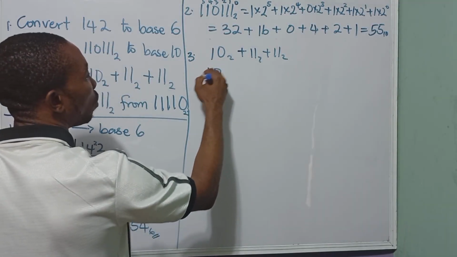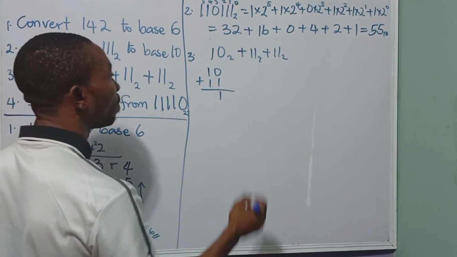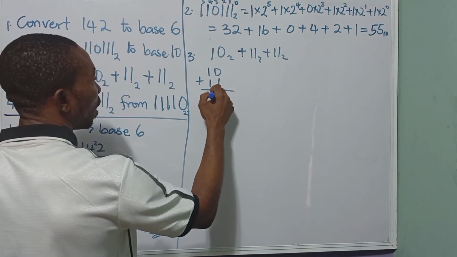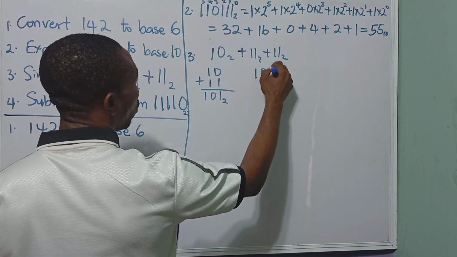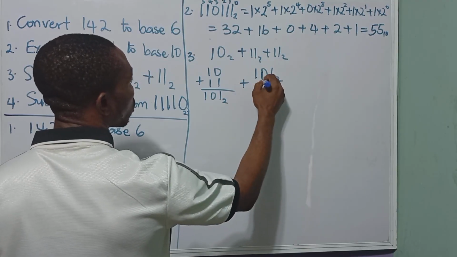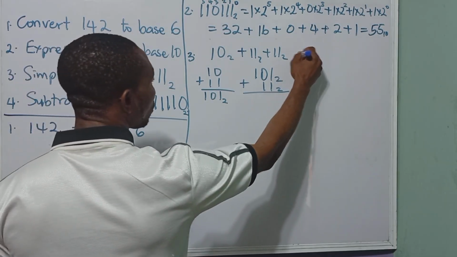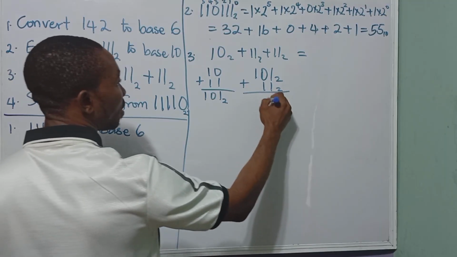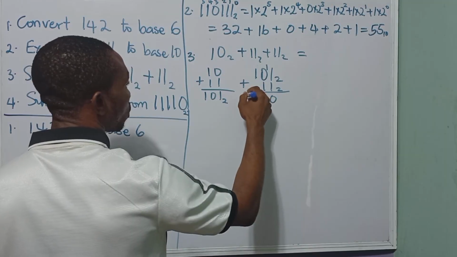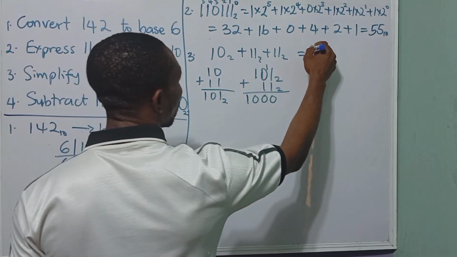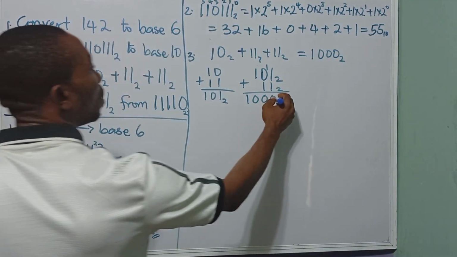We have 10 plus 11, 0 plus 1, 1, 1 plus 1, 10 base 2. So we are now going to have 101 base 2 plus 11 base 2. So this gives us 1 plus 1, 10, write 0, carry 1. 1 plus 1, 10, write 0, carry 1. 1 plus 1, 10. So this gives us 1000 base 2.